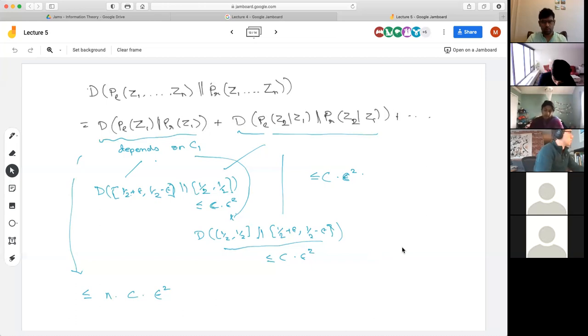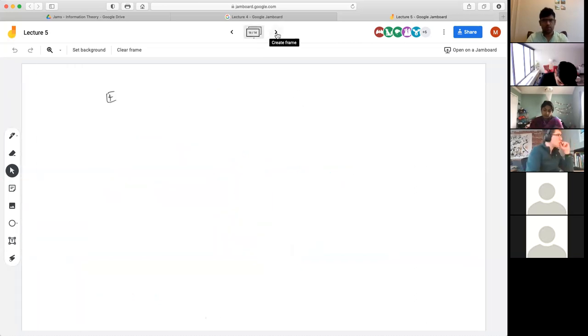So once you plug this back in, you get that the expected loss is equal to, remember, epsilon times the number of wrong choices. We said that the number of wrong choices is n over 2 times, or rather, let me write it in the form of the bound.